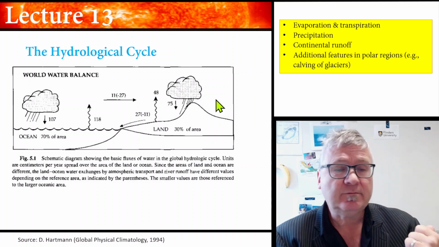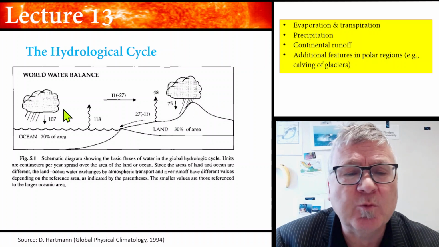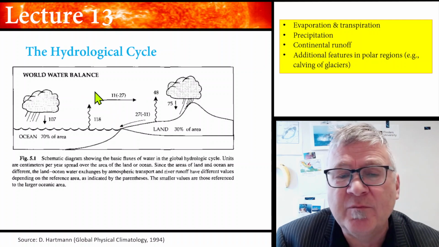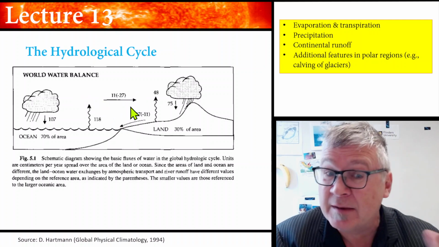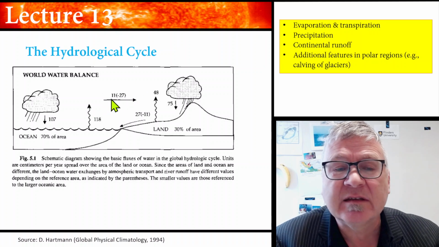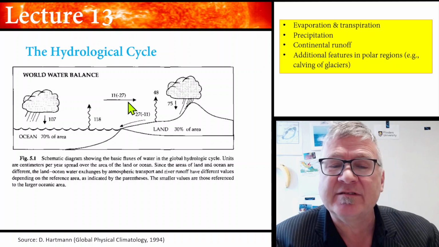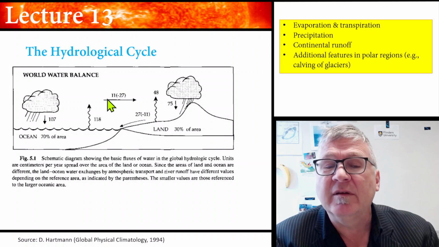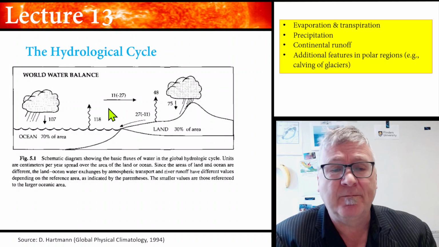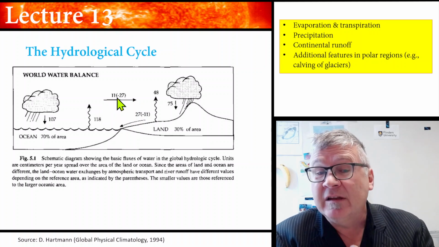In case you're surprised why in these arrows here the movement, the atmospheric transport we call it, has two numbers. It has an 11 and a minus 27. The 11 is expressed in terms of the surface of the land.